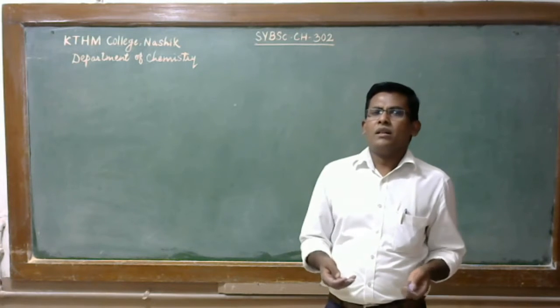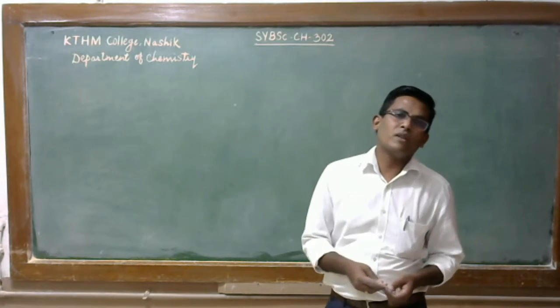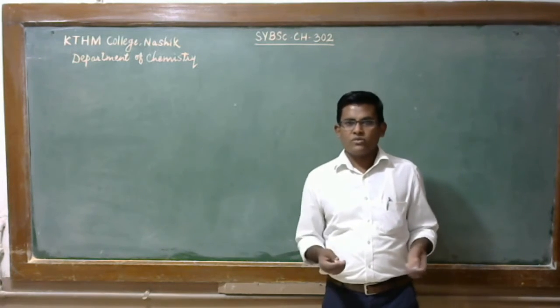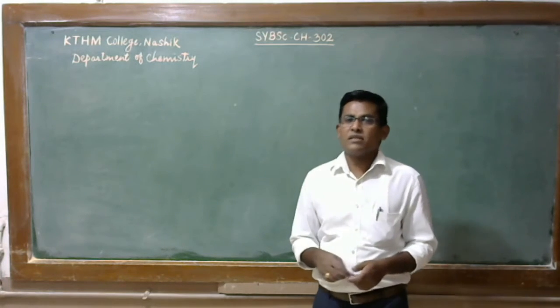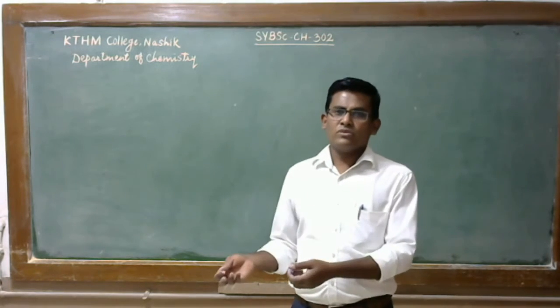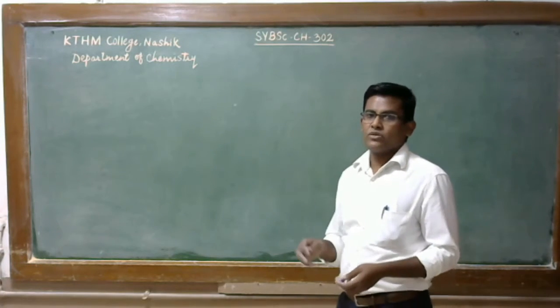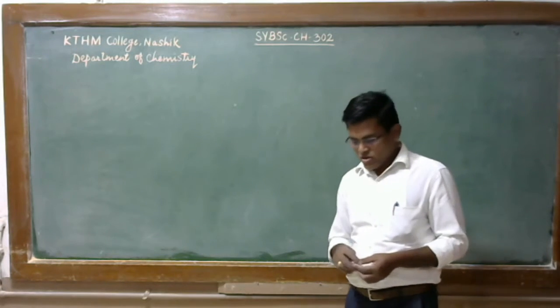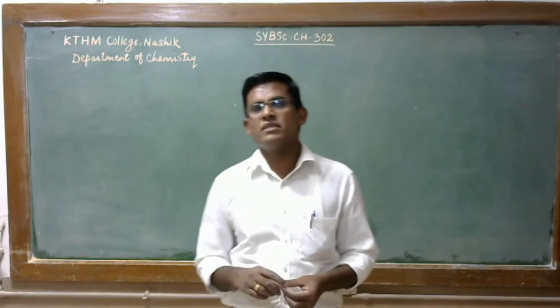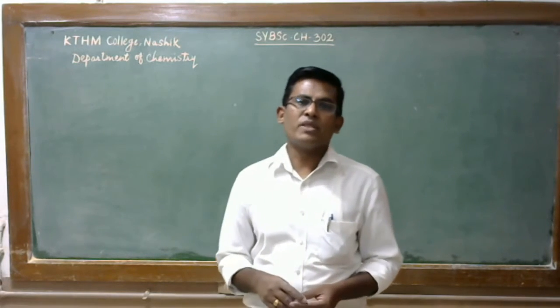It's a hydrolysis of sulfonic acid. When benzene sulfonic acid is passed through the superheated steam, it gives rise to benzene. So these four methods we have seen for the preparation of benzene.